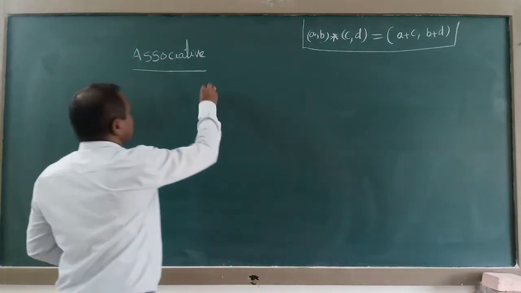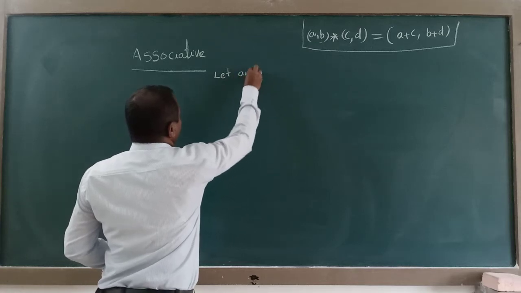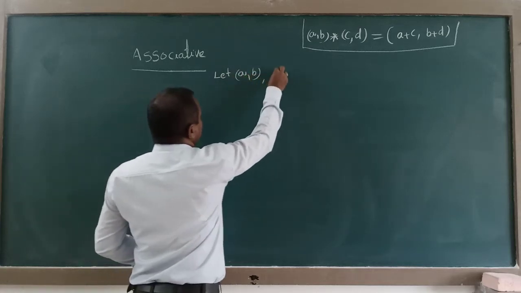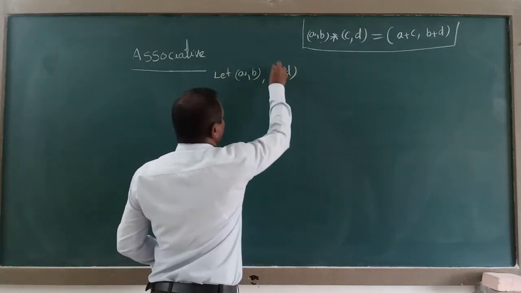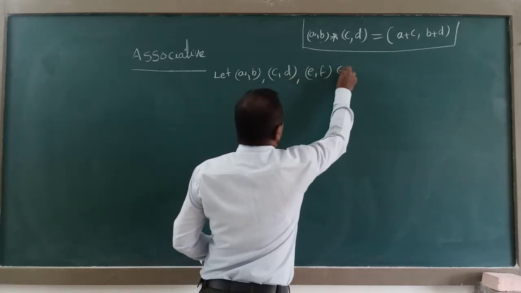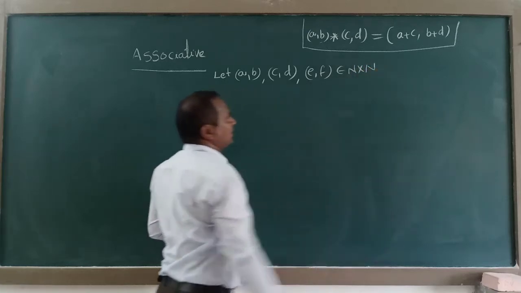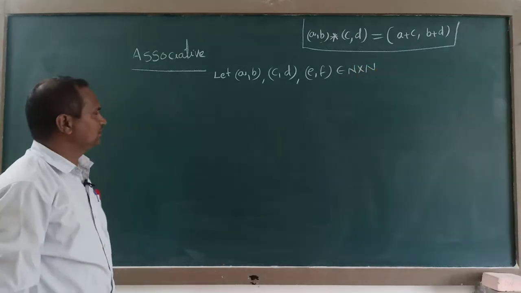Three ordered pairs means like this. Let (A, B), (C, D), (E, F) belong to N cross N. These are all ordered pairs of this relation formed by N cross N.